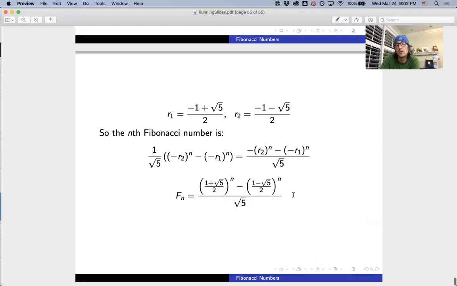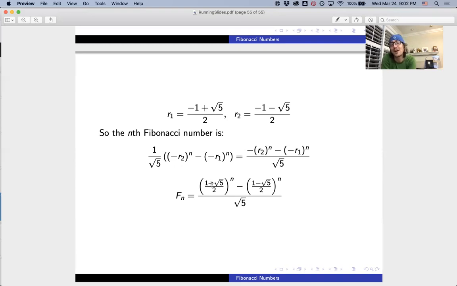I hope this shows you that this formula at first seems really out there, and you might wonder where did it come from? But maybe at the end of this you're saying, oh, it's coming from the roots of a quadratic polynomial and partial fractions and geometric series.